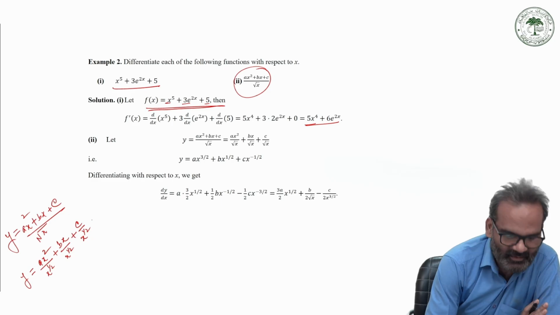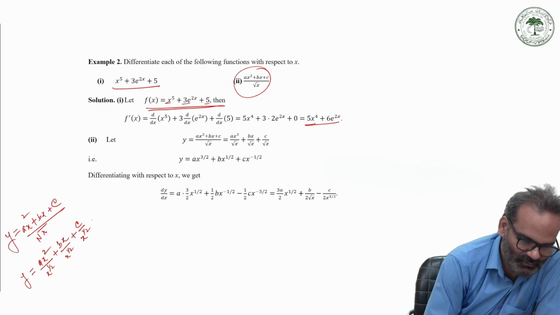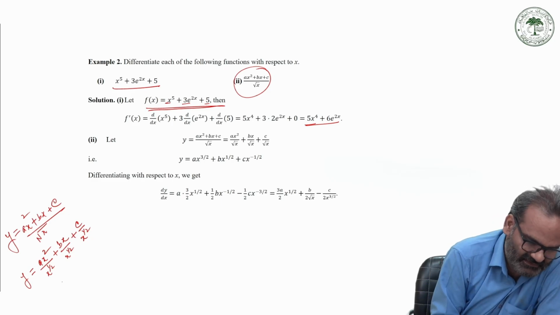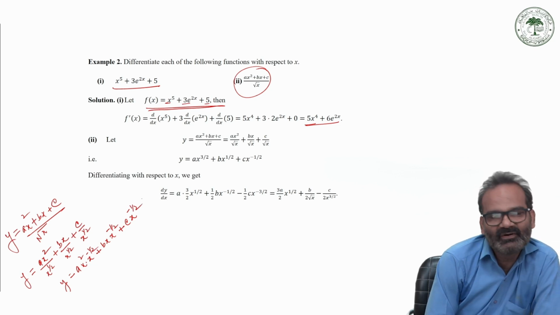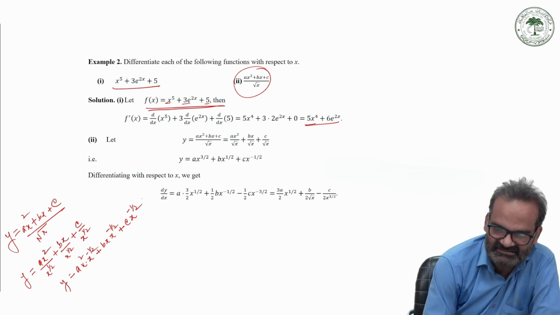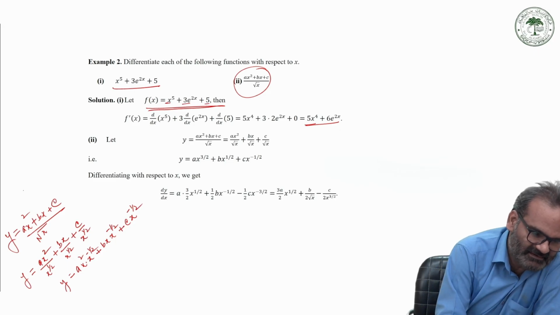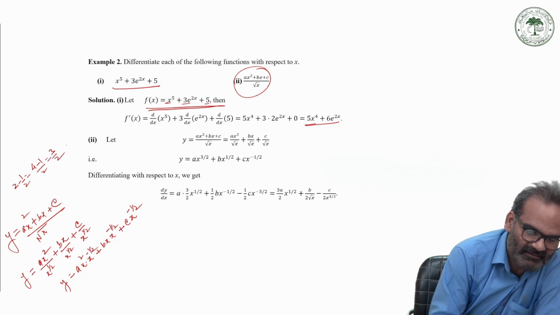Clear? No problem. Now transfer this power 1 upon 2 from denominator to numerator. What you will get? Y is equals to ax square into x power minus 1 upon 2 plus bx into x power minus 1 upon 2 plus c x power minus 1 upon 2. When two numbers are multiplied, their powers are added. So what you will get? 2 minus 1 upon 2, that is 4 minus 1 upon 2, that is 3 by 2, right?